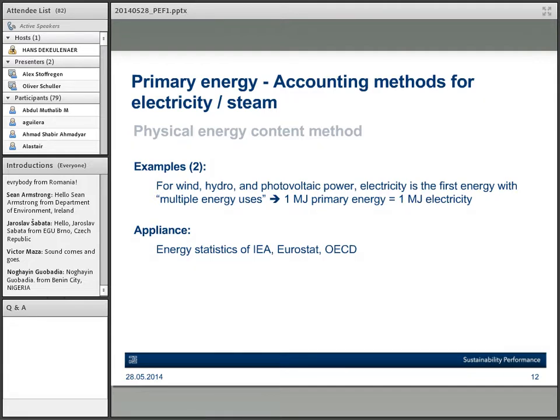With the wind I cannot really do other things. I cannot power a car, for instance, with the wind directly, maybe a ship, but this is not really counted here. The electricity from wind or hydro and photovoltaic is the first energy with multiple uses. And this is why for wind power, hydropower, and photovoltaic power, I need 1 megajoule primary energy to produce 1 megajoule of electricity.